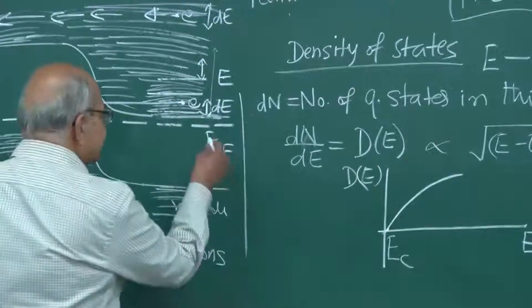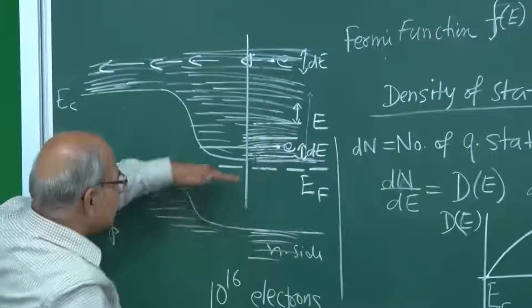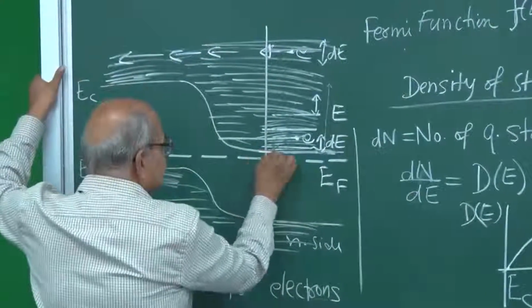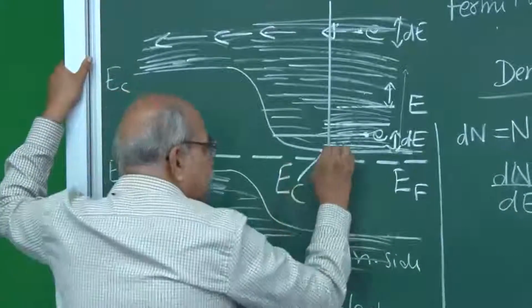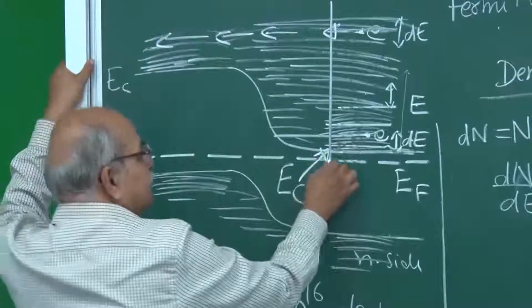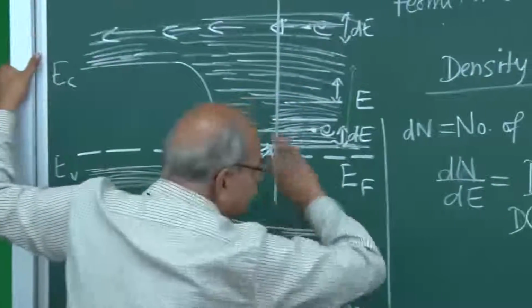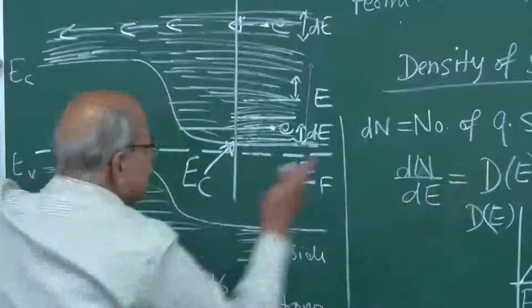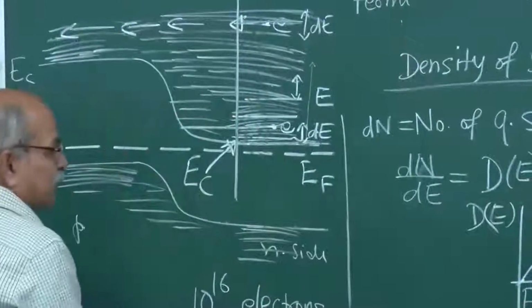You can plot this dE here also. If I draw a line here and energy is going up, this point is energy EC, and energy is going up here. And if density of states, this dE I am plotting on this side, towards right, what will happen?